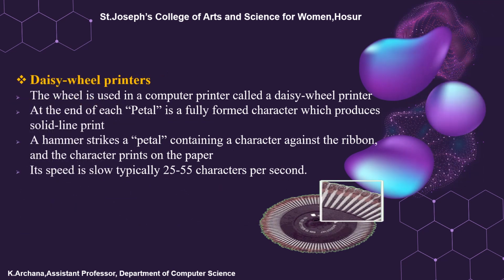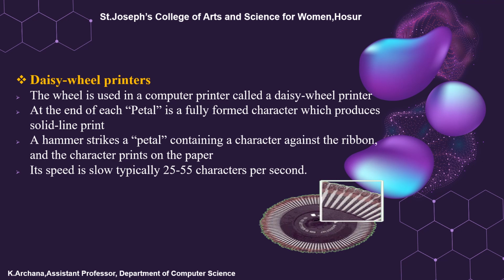Next one is the daisy wheel printers. The wheel is used in a computer printer called a daisy wheel printer. At the end of each petal is a fully formed character which produces solid line print.